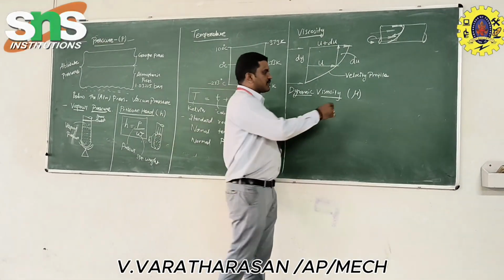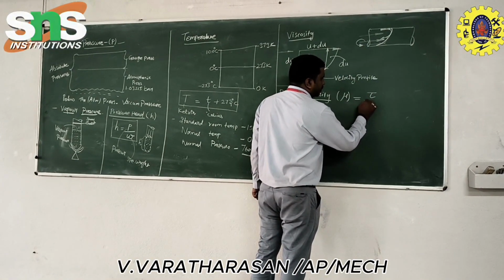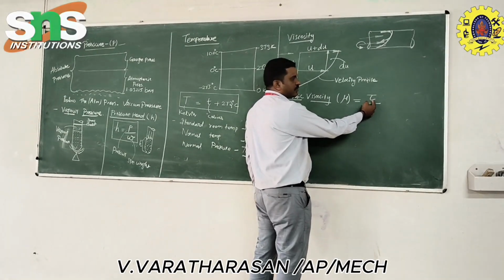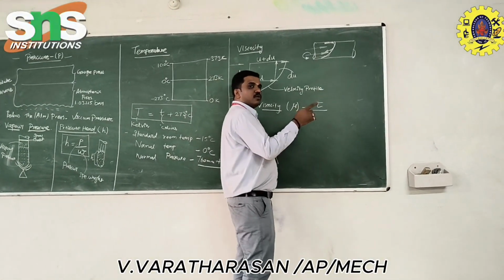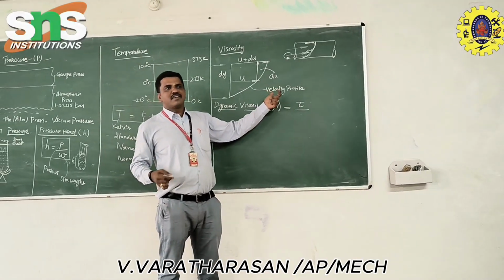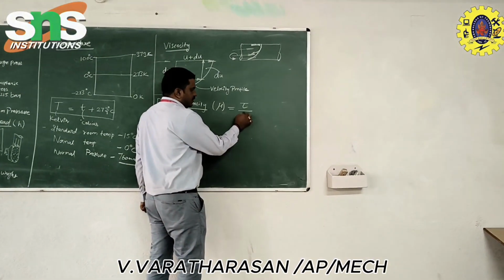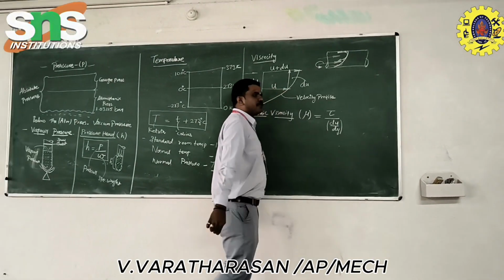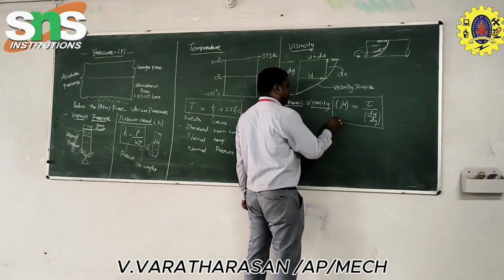What does tau represent here? Torque? It is not torque. Here we are using shear stress. So tau is the shear stress, and du by dy. This is the formula for dynamic viscosity.